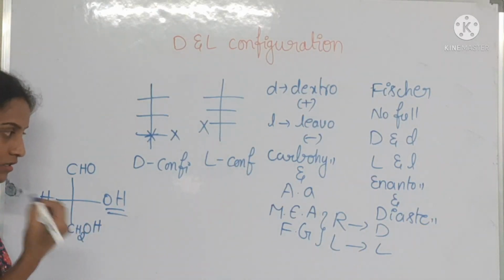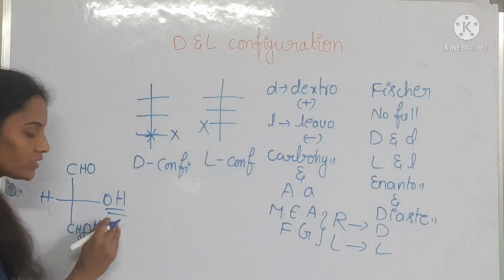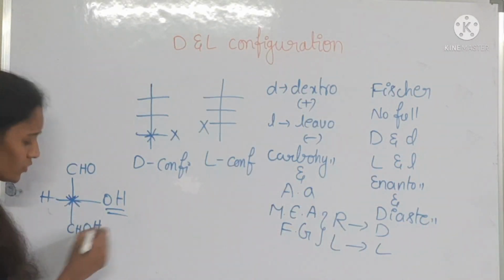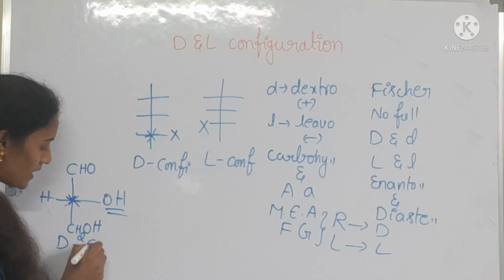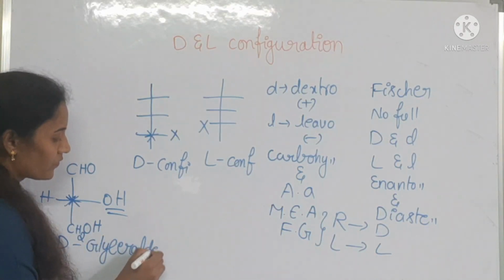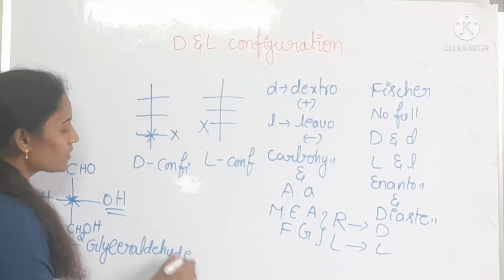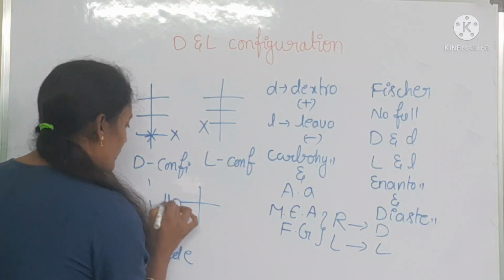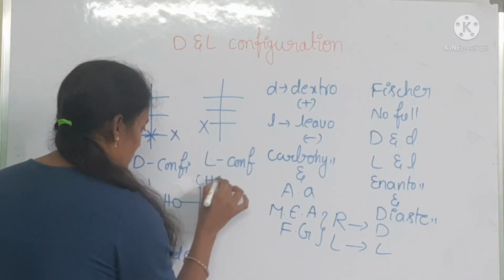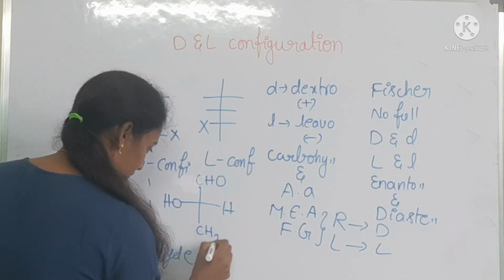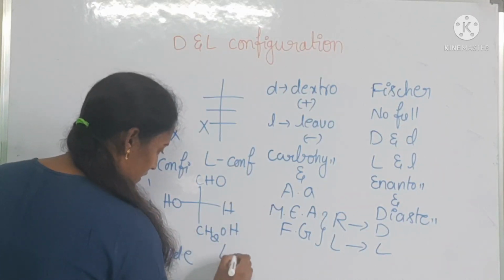Where is the differentiating functional group? It is on the right side of this chiral center. So it is D-glyceraldehyde. If you take the mirror image of this D-glyceraldehyde, you will get the L form of this isomer, nothing but L-glyceraldehyde.